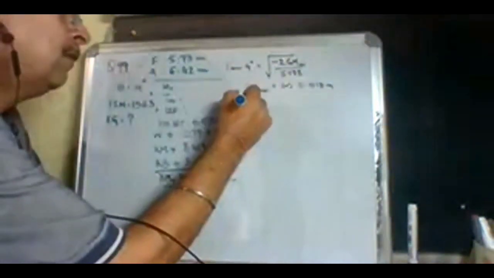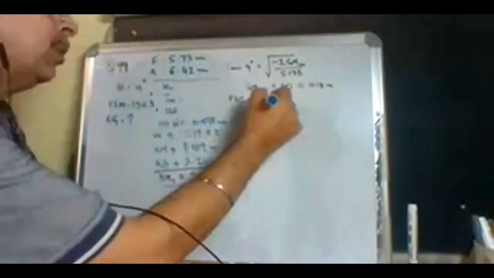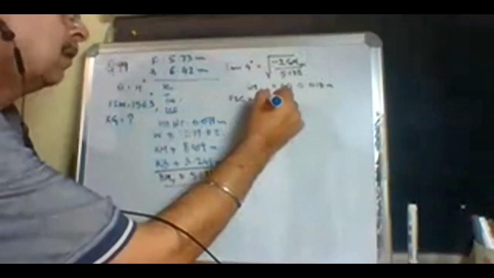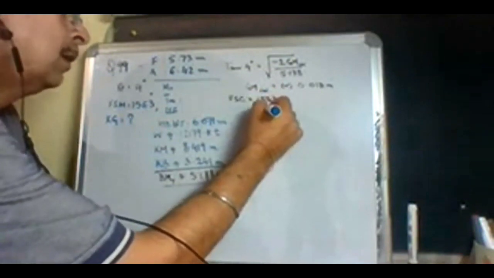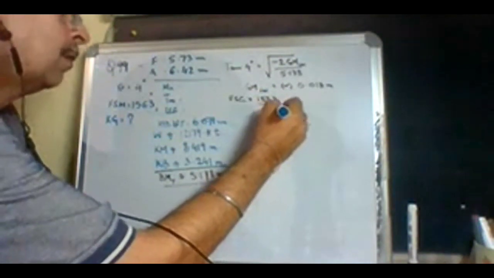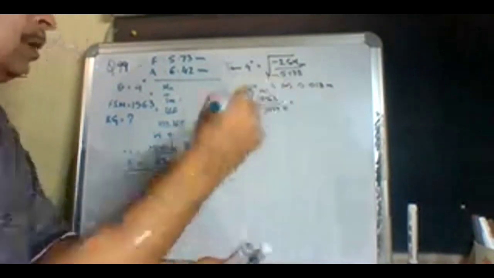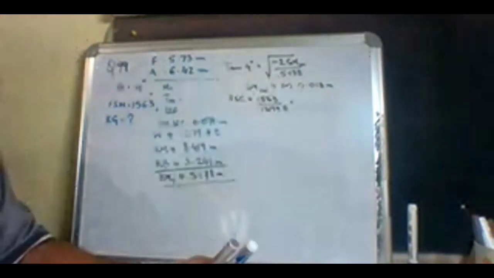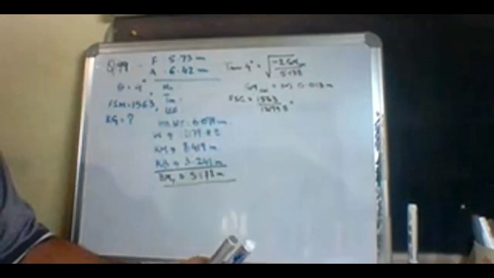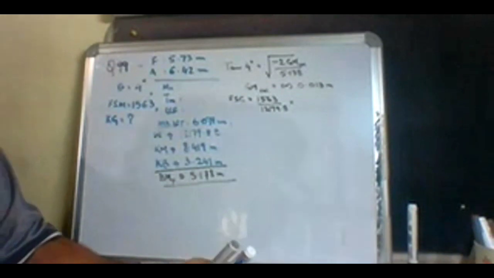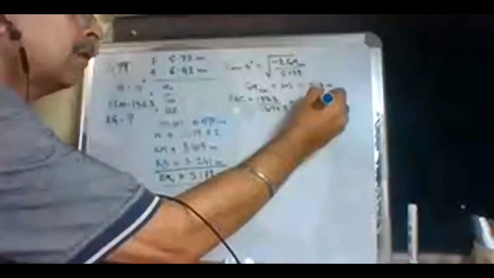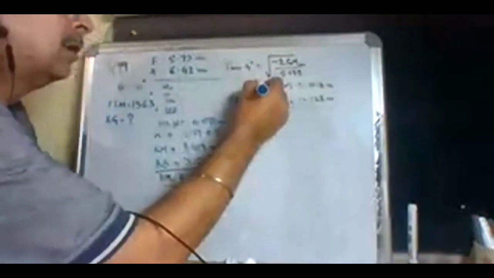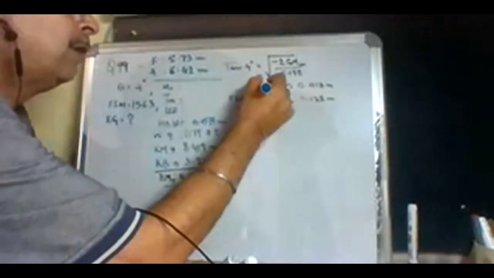Again, FSC is equal to FSM upon displacement. So FSC works out to equal to 0.128. What you got over here was a fluid one.